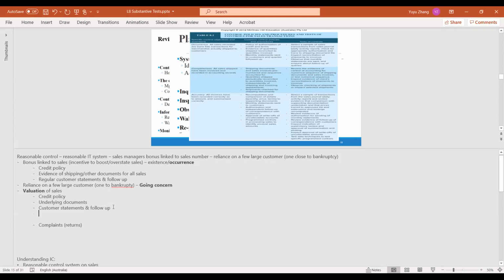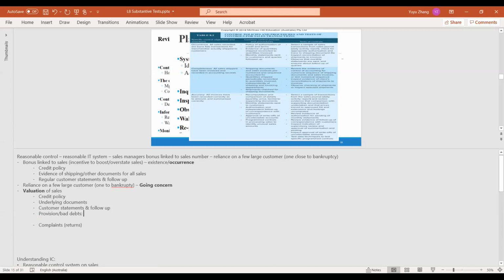And valuation, when we talk about valuation, I think there is a very important control also about the provisions, right? Or the bad debts. This part of control would also be important.